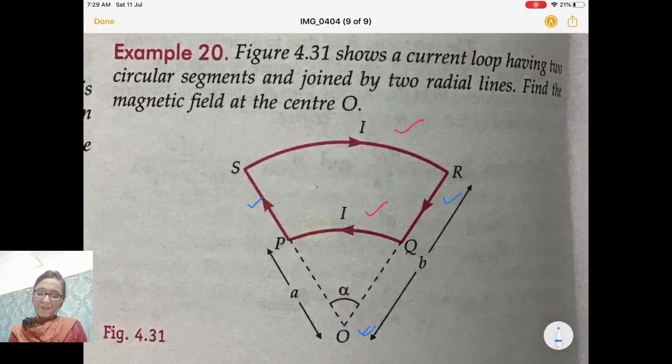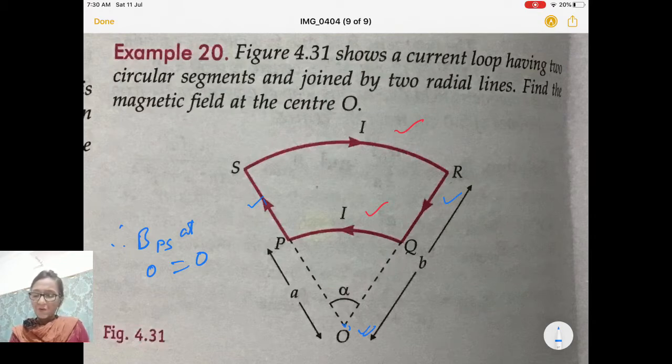Now, this point is along this straight current carrying conductor. Therefore, B due to PS at O should be equal to 0, because the angle it is making between the position vector of the point and the direction of current is 180.